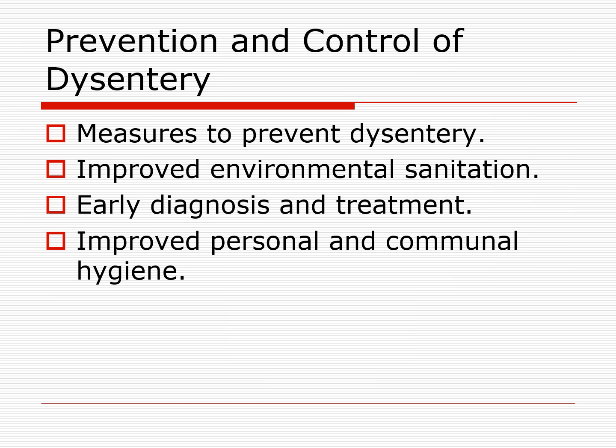Children's stools should be disposed of in the toilet or pit latrines. Boil water for drinking and for washing vegetables and fruits. Avoid eating uncooked vegetable and fruit salads. So these are the measures put across to prevent dysentery.